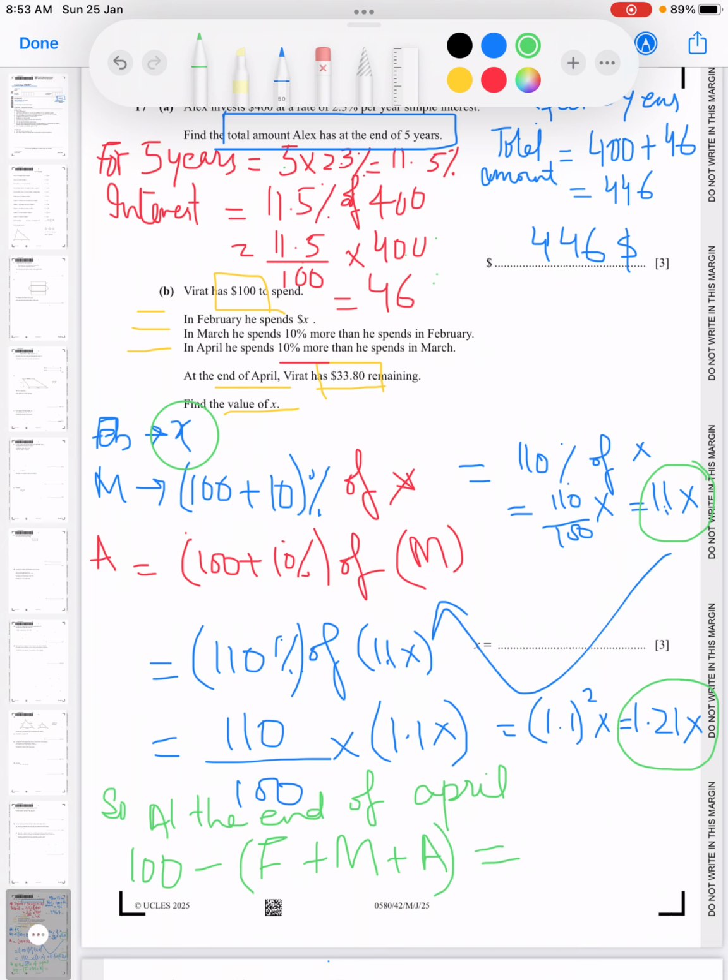When we subtract all the spendings from the 100, we get the answer 33.80. This is given in the question.